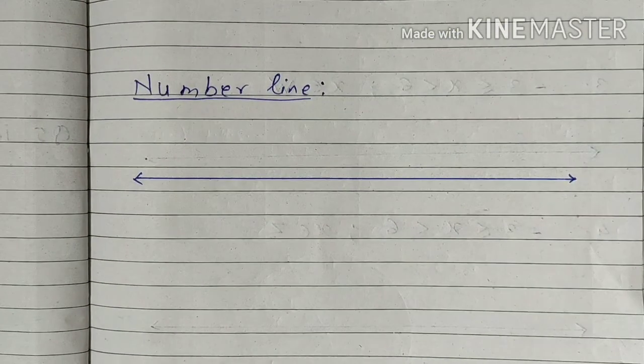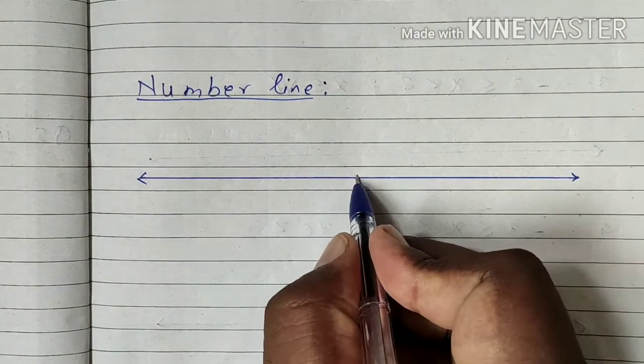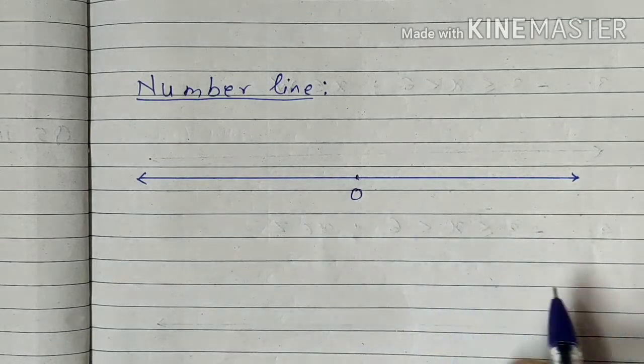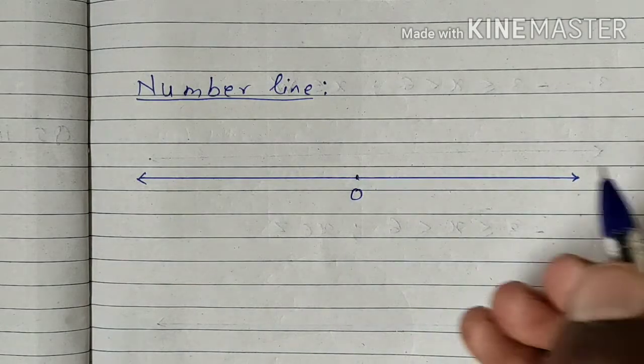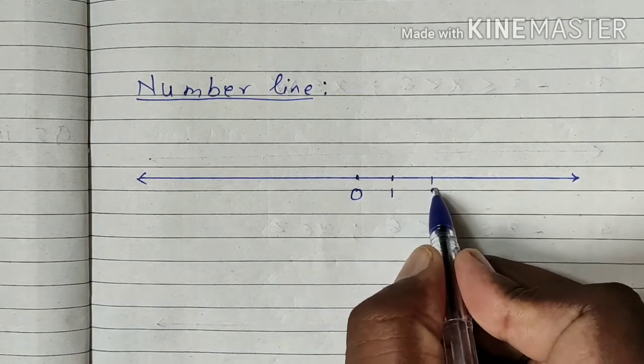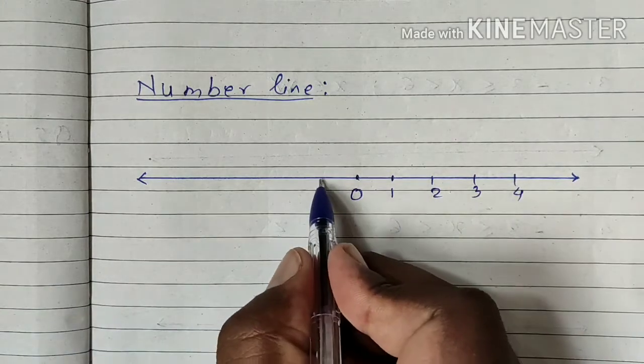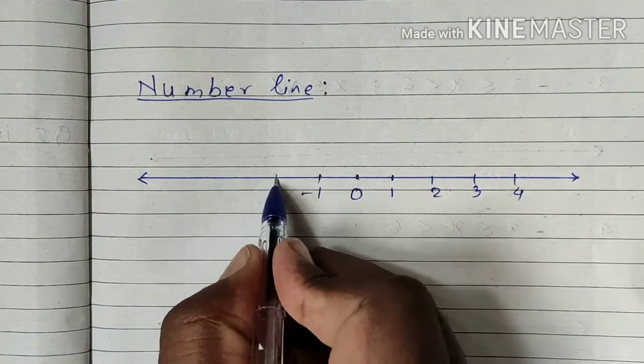Next topic is the number line. Already we have learned the number line in our lower classes as well. On the number line, basically 0, on the right side all positive integers 1, 2, 3, 4, and on the left side there will be the negative integers.